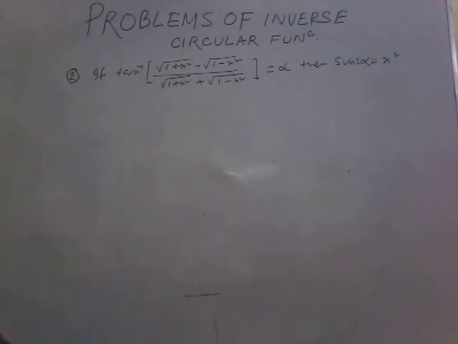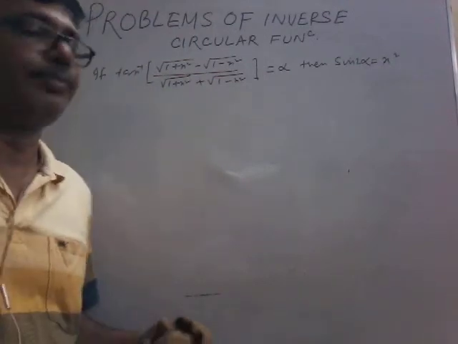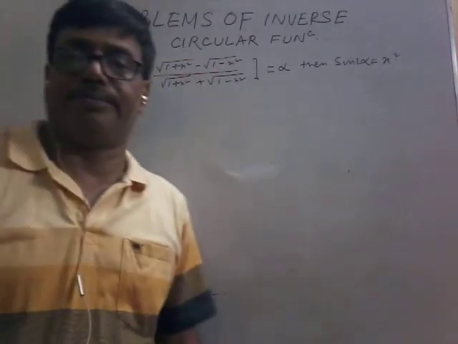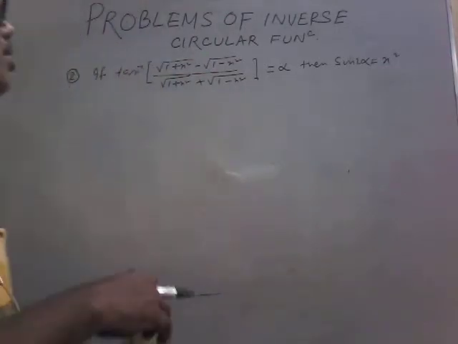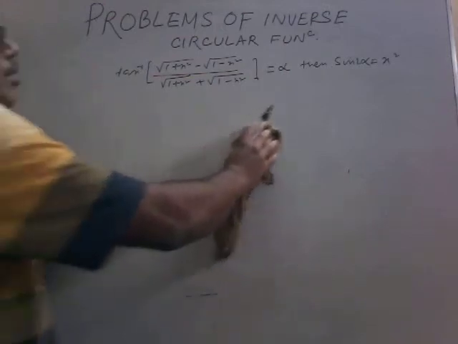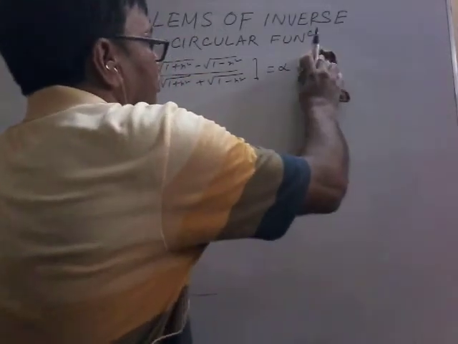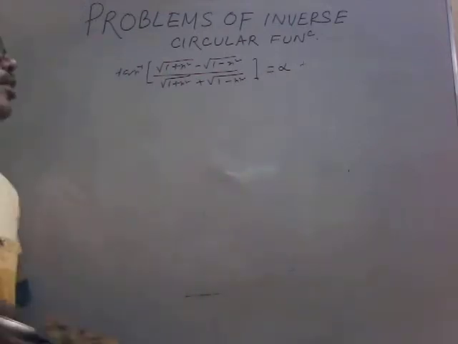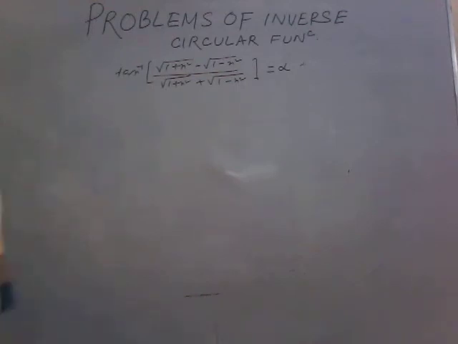I have already discussed the solution of this type of problem, simplification of inverse circular functions. Now look, here we have 1 plus x square and 1 minus x square.